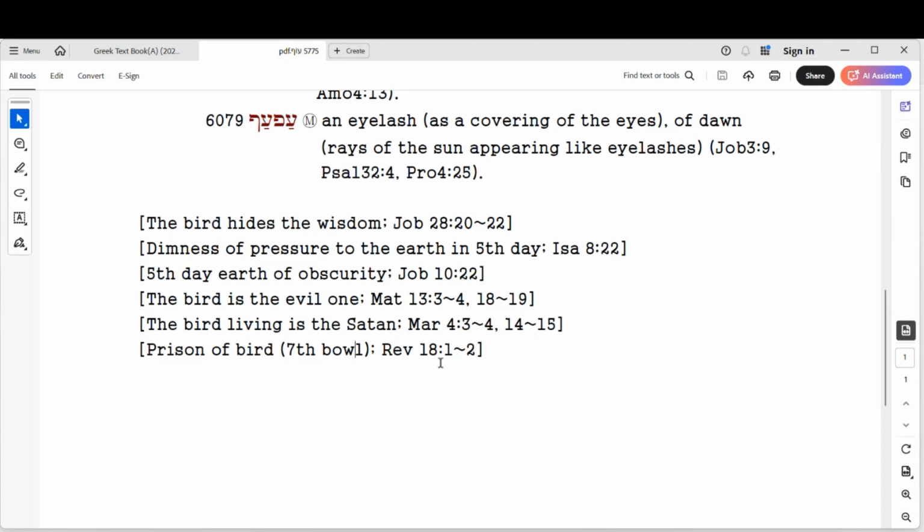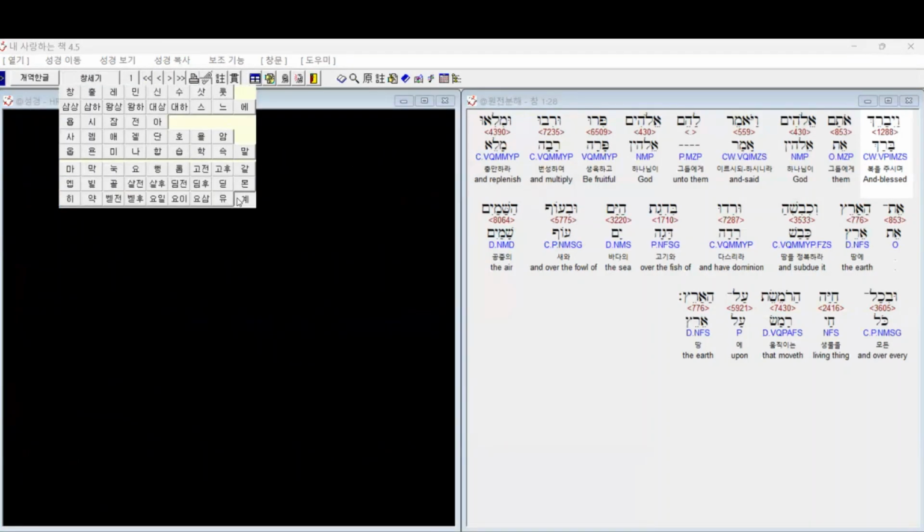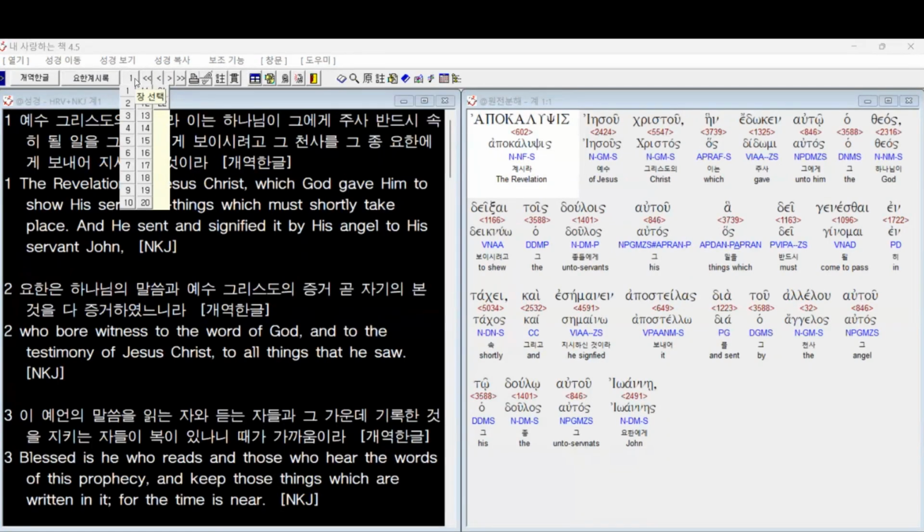Let's go to the book of Revelation, chapter 18, verse 1. This is the sixth day, where we have to tread down and have dominion over this bird and this Babylon, right?